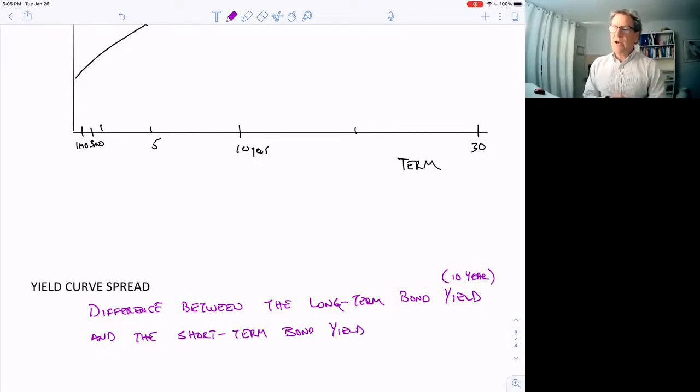And for the short-term bond yield, in the original research it was the 3-month T-bill. So this will be the 3-month Treasury bill.